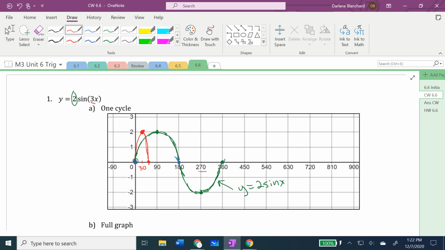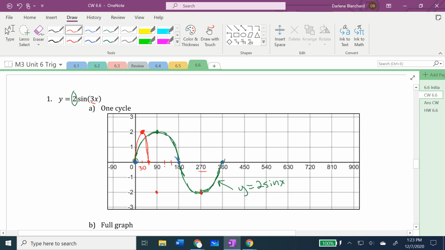90. Yes, it is. So that means that this point right here, we're going to keep the y value of -2, but the x coordinate is being squished over to 90. And then finally, 360 divided by 3. 120. Yep, you got it.